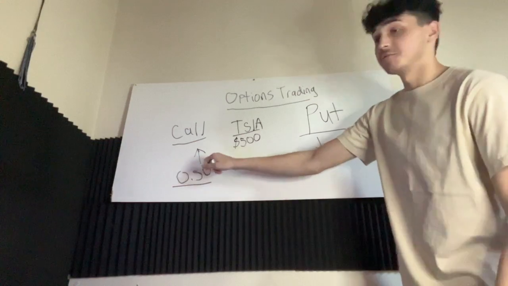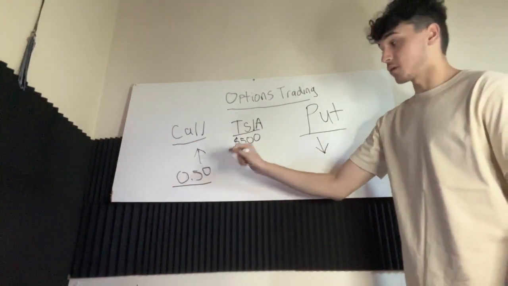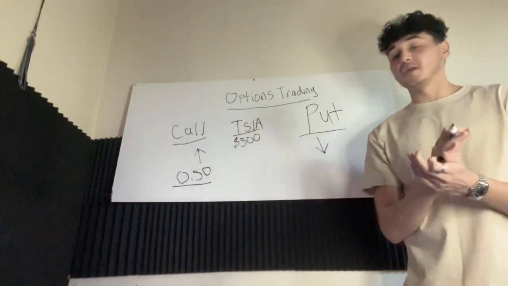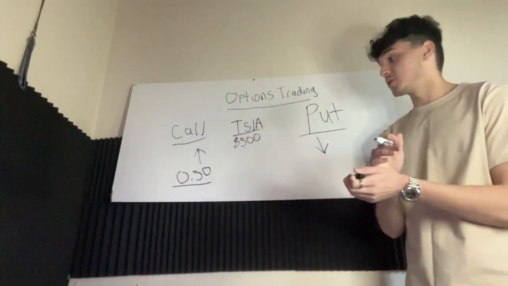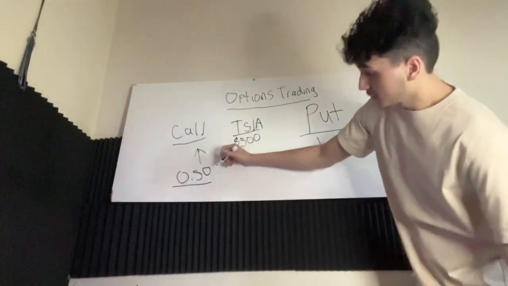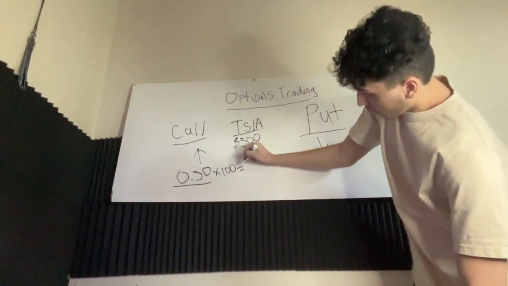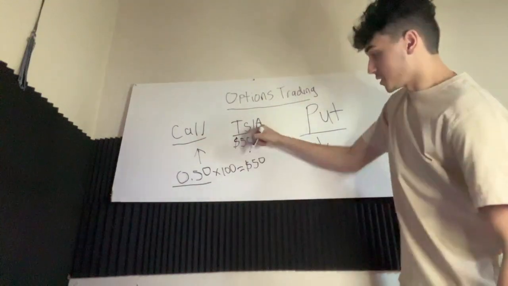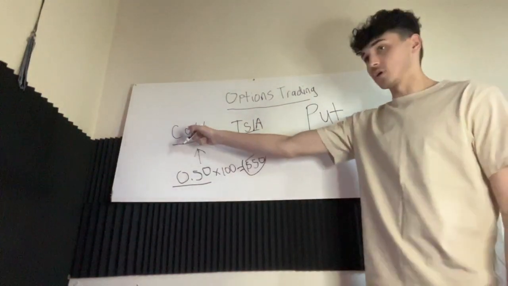So this 50 cents, that's not the total cost of our option contract. Since every option contract has 100 shares, we want to times the option price by 100, and our total cost of the option contract will be $50, right, for a call.